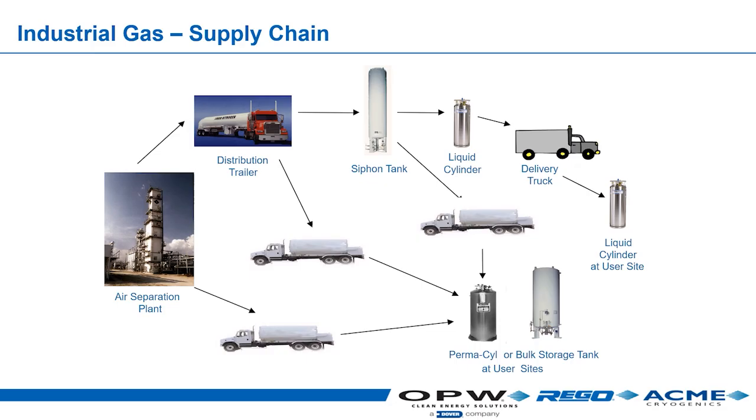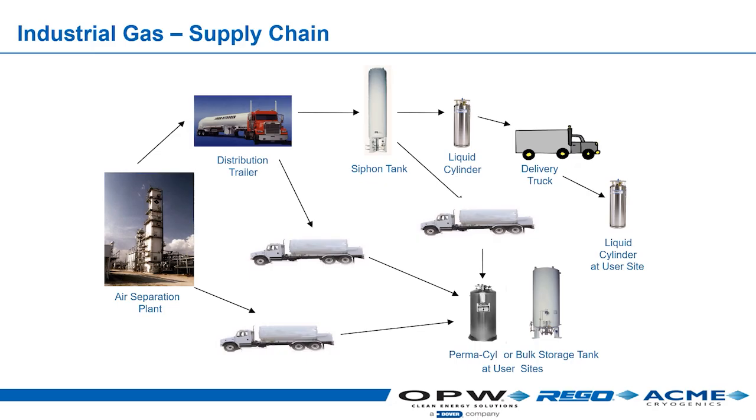You can also have a smaller micro bulk or a truck going to deliver into a permacyl or a micro bulk cylinder, and every combination you can think of in between, right? So liquid's the way to go because of the economics of it. But every time you transfer the product, you're always running the risk of losing some of it, depending on if you're good at it or not.